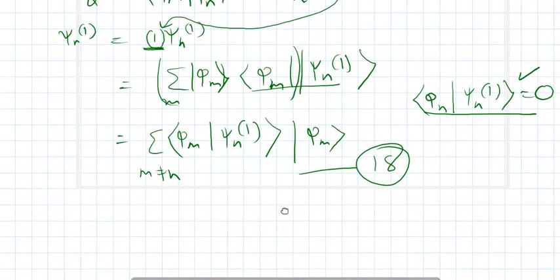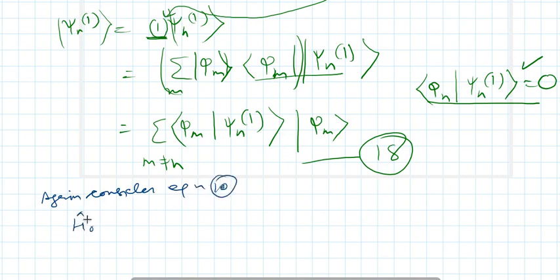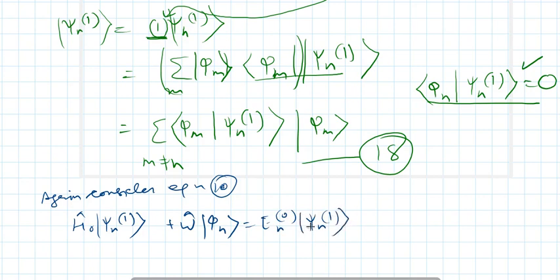Now again consider equation 10. This is H naught psi n1 plus W phi n, it must be equal to En0 psi n1 plus En1 phi n, operating both sides by phi m.